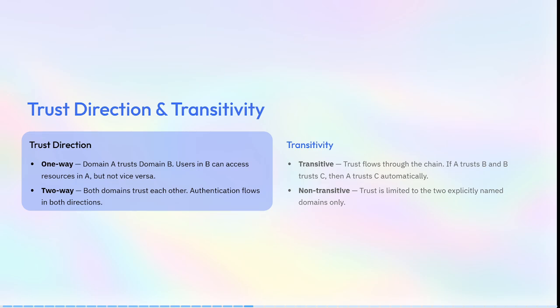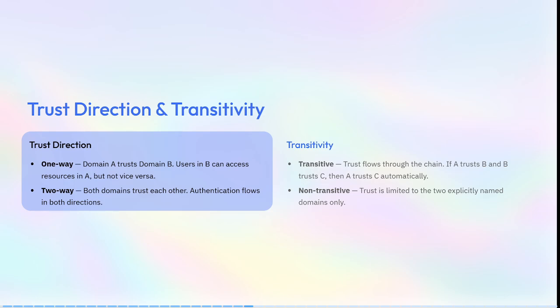See, domain A trusts domain B. If you enable this trust relationship, users in domain B can access resources in domain A, but not from domain A to domain B.